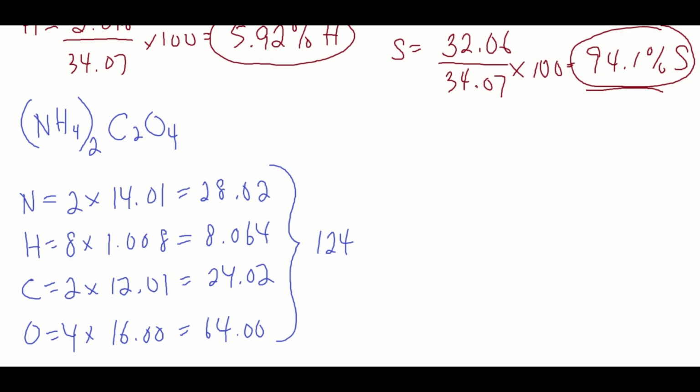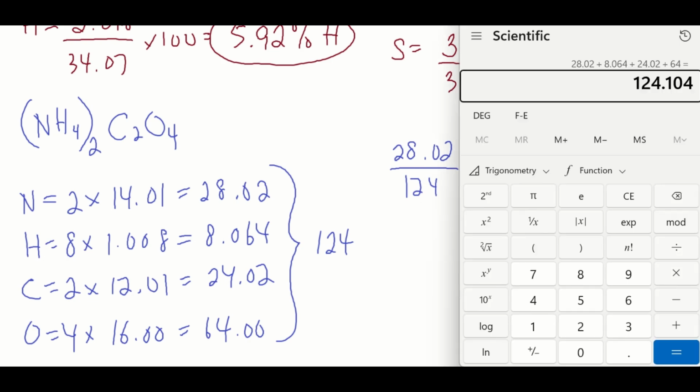But again, we didn't need a mole of it or any specific mass of it because it's going to be the same in terms of percent. All right, so for the nitrogen component, it's going to be the mass of the nitrogen over the mass of the compound times 100. That's 22.5.